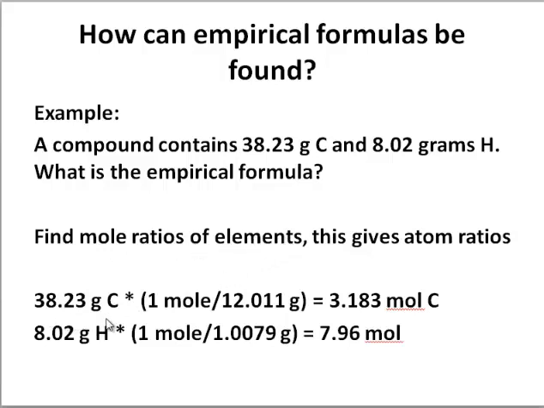So we take grams of carbon and convert it to moles using a unit conversion factor of 1 mole over 12.011 grams. There are 3.183 moles of carbon. 8.02 grams of hydrogen can likewise be converted to moles with a unit conversion factor. There are 7.96 moles of hydrogen.